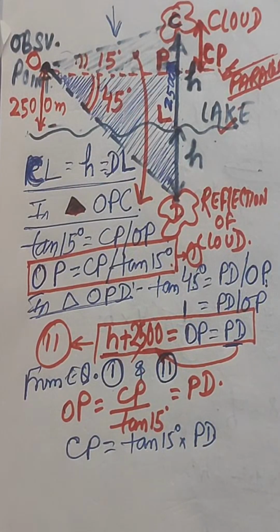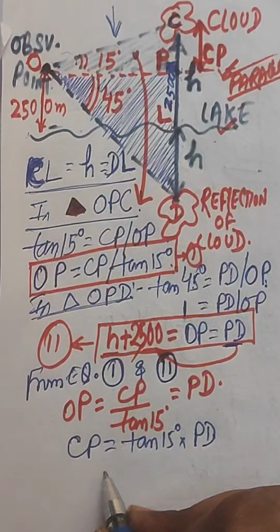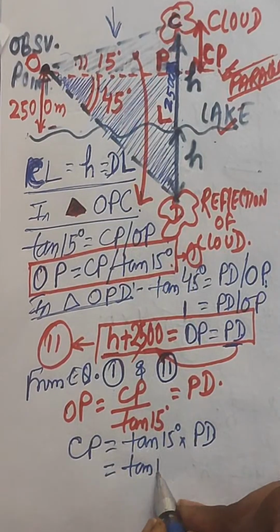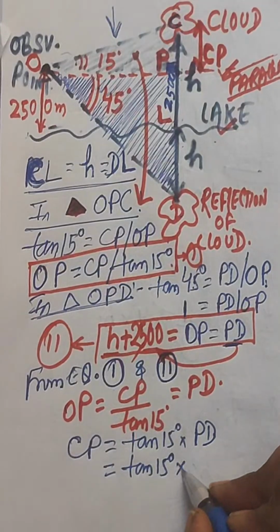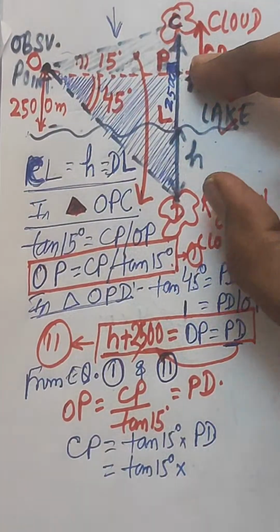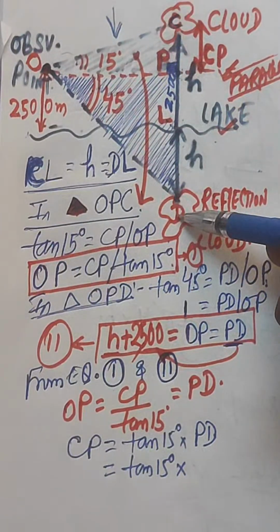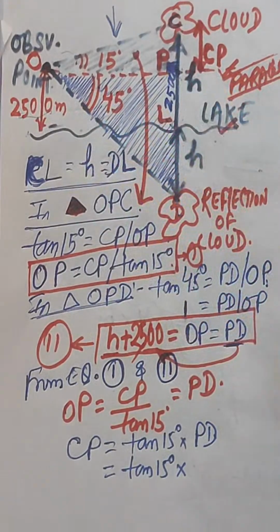Right? So we can write tan of 15 degree multiplied with PD. So P to D is nothing but P to L plus L to D, and P to L is 2500, you can see.